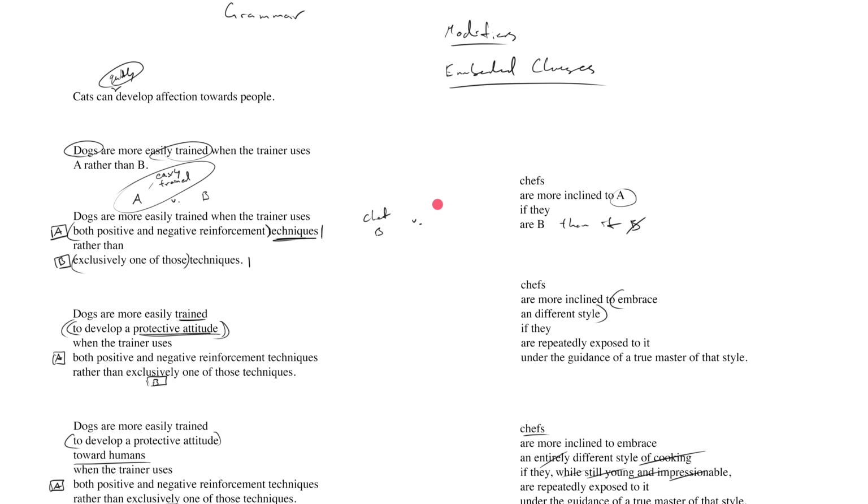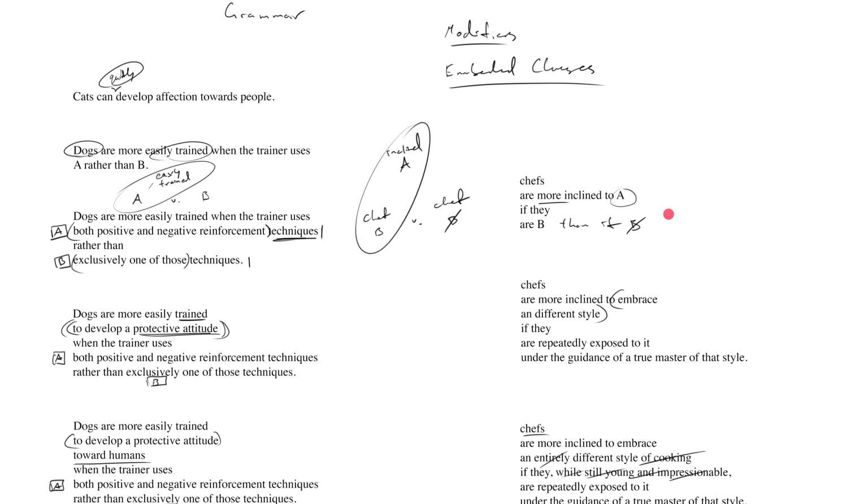That's the comparison. What are we comparing them on? Which one is more inclined to A? That's the point of comparison. And which one is more inclined to A, the B ones or the not B ones? Well, it just says are more inclined if they are B. So this is the quote unquote winner.